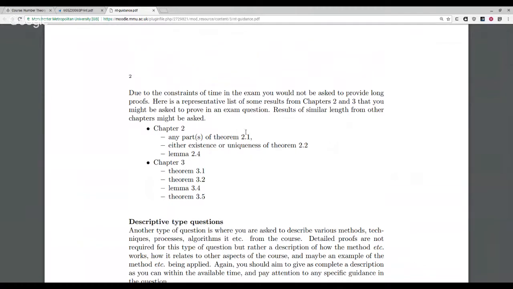So what I've done here is I've looked at chapters 2 and 3, and I've picked out the ones that would be reasonable to ask for proofs of in the exam, just to give you some guidance on what results I think are reasonable to ask in an exam and which ones aren't, okay?